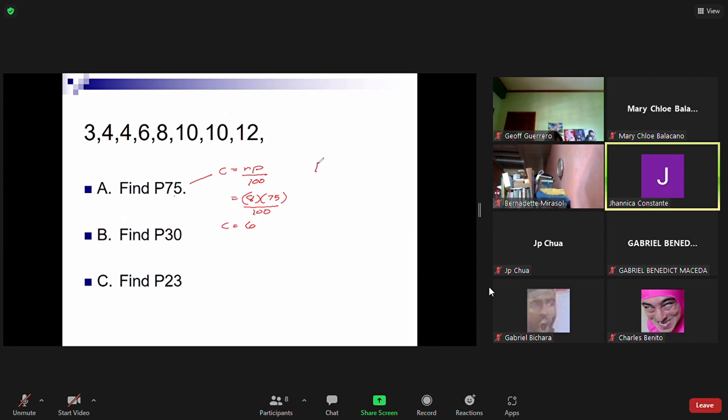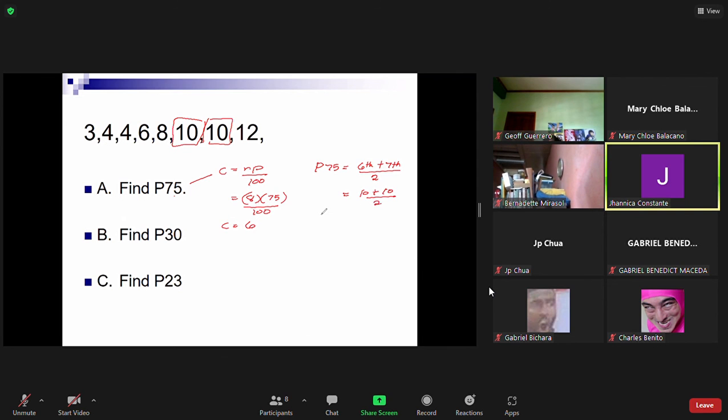So percentile 75 is equal to the 6th position plus the 7th position divided by 2. The 6th position in the set of data is 10, and the number in the 7th position is also 10.